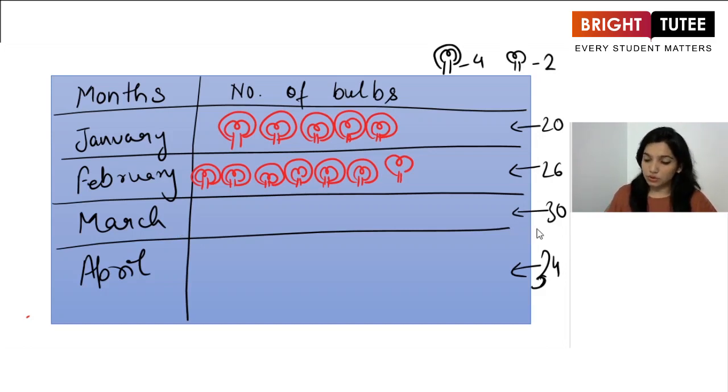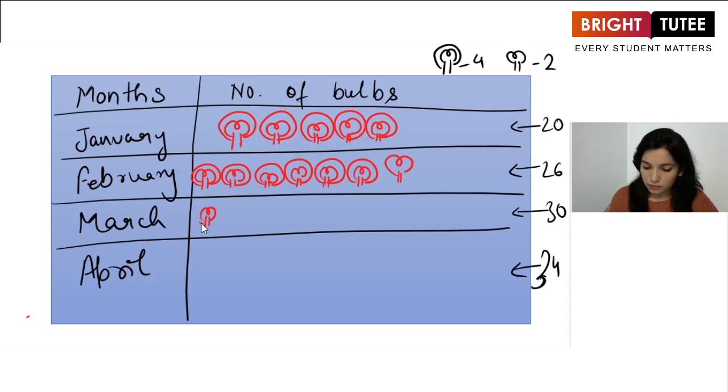Coming to March, it represents 30. Right? So 30, it is not in 4 times table. Let's see when we can go ahead. So 4 times 7 will give us 28, right? So we need to draw 7 such so that we reach till 28, and then we'll draw for 2.